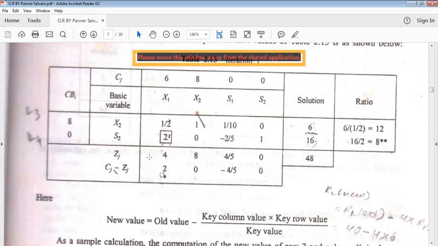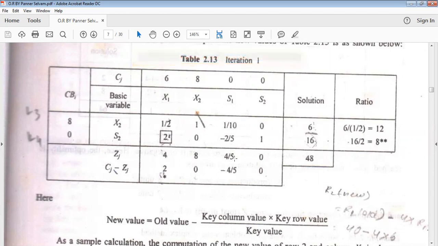Now after getting this, try to calculate Zj. Zj means this is 8 into half, it is 4. 0 into 0, we cannot calculate. So 8 into 1, you are going to get 8. 0 into 0 plus, automatically you are going to get 8 only. Next, 8 into 1 by 10, automatically 8 by 10, it is nothing but 4 by 5.